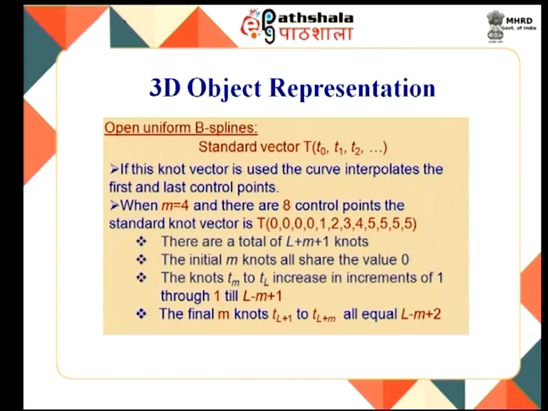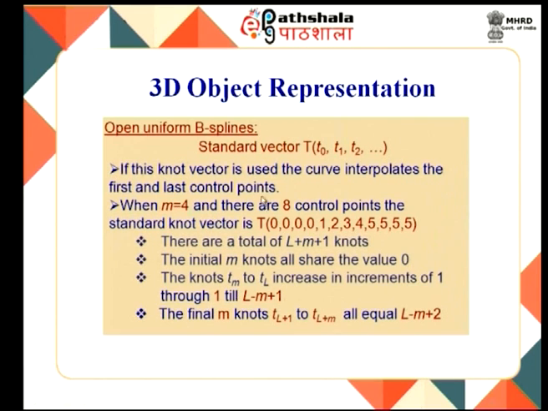You see this here, T is a knot vector with multiple knots for 0 and multiple knots for 5, and there are no multiple knots for 1, 2, 3, 4, they are ordinary knots. So 5 is a multiple knot of multiplicity 4, and 0 is a multiple knot of multiplicity 4, because the number of times the same knot repeats is 4 times.